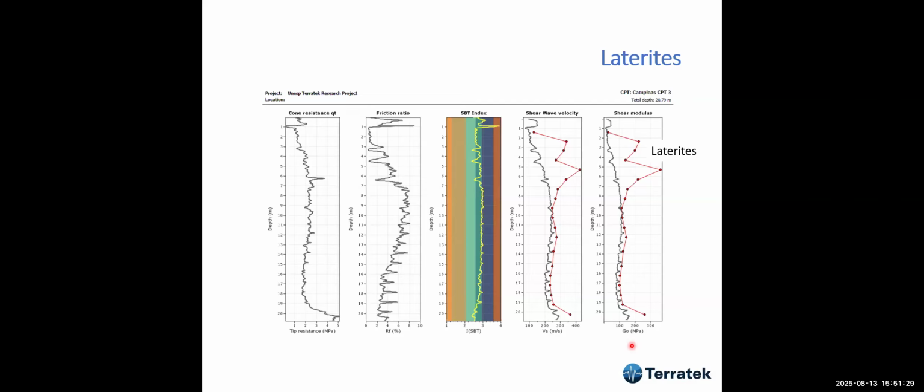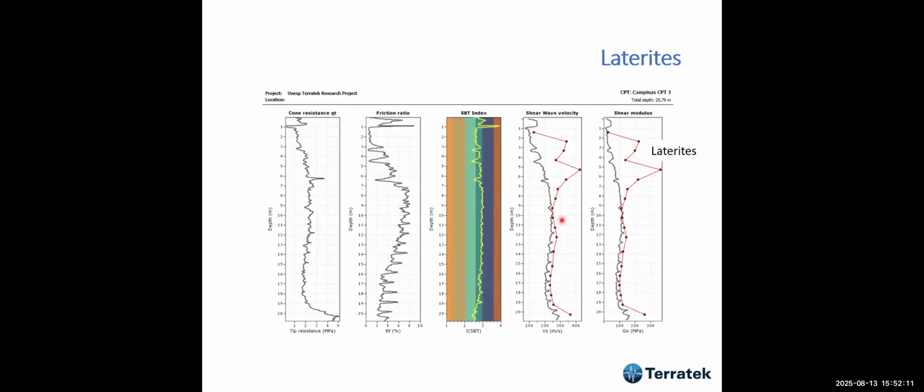When you have very long dry periods, followed by very wet periods, what happens is that the water that flows into the soil dissolves some minerals like silica oxide and others, and it leaves some voids at the top, for instance, in this case, and this material at the top has a much higher rigidity.